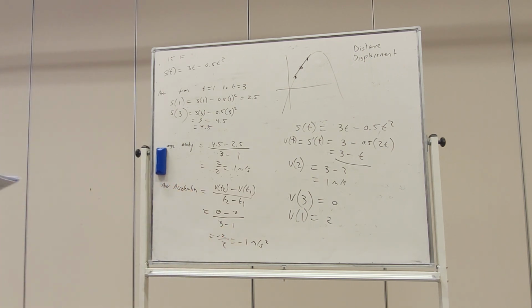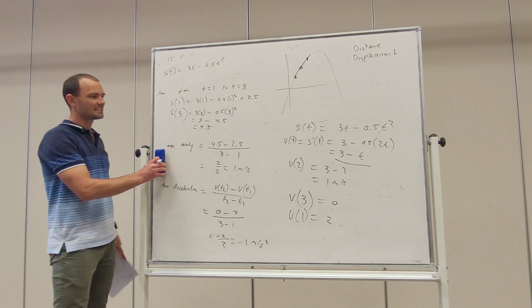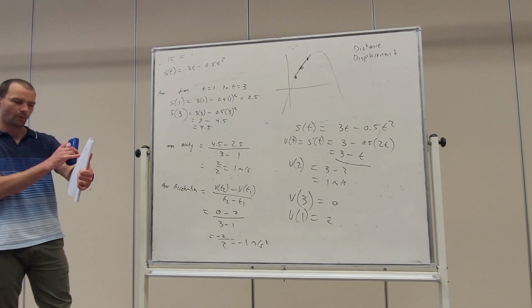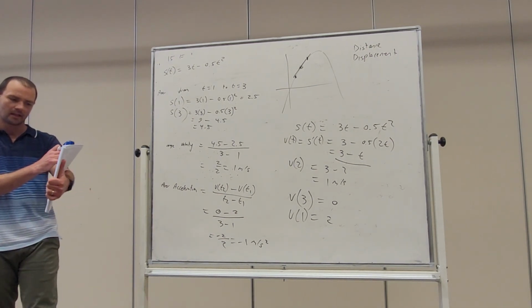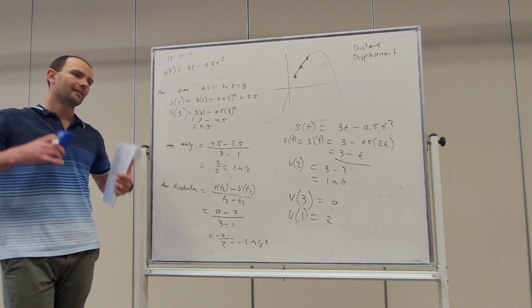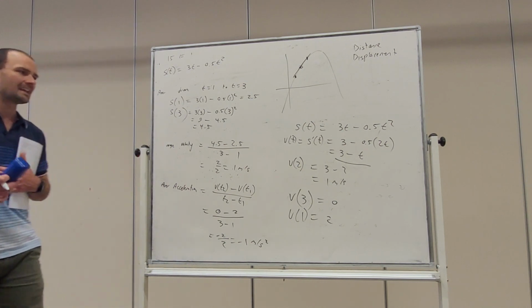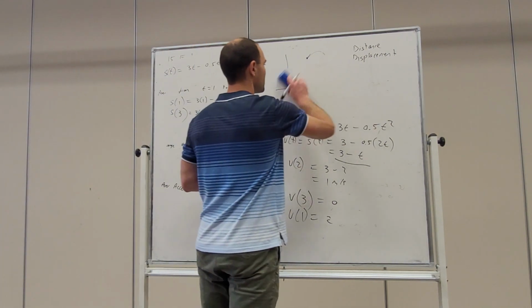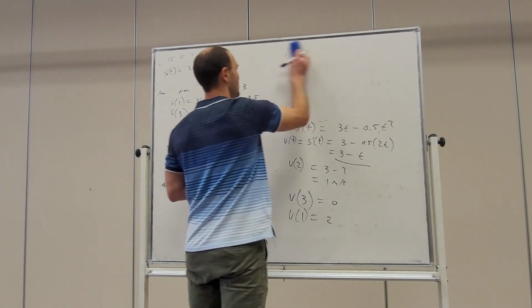Okay, last one, find the instantaneous acceleration. So this is going to be our second to last dot point. The acceleration function is the derivative of the velocity function. So we're differentiating again.